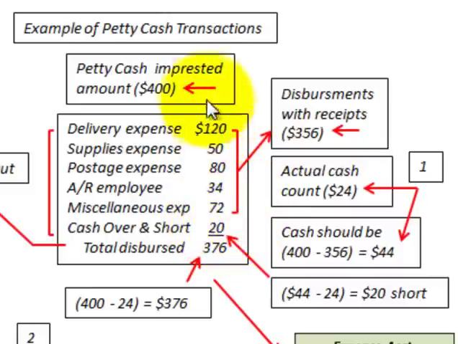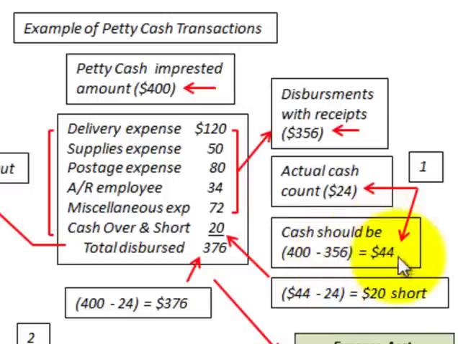So what we would do is look at our petty cash or imprest amount. That's the $400 in this example, the amount that we started with in our petty cash account. Then we have disbursements with receipts. We got receipts for the disbursements we made of $356. So the cash that should be in the account is the petty cash amount we started with, $400, less the receipts for our disbursements, the cash we paid out, $356.